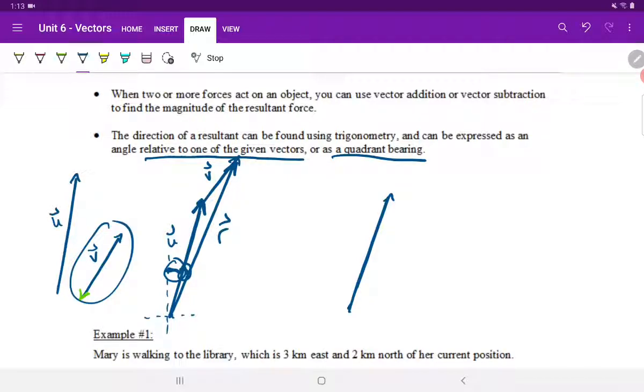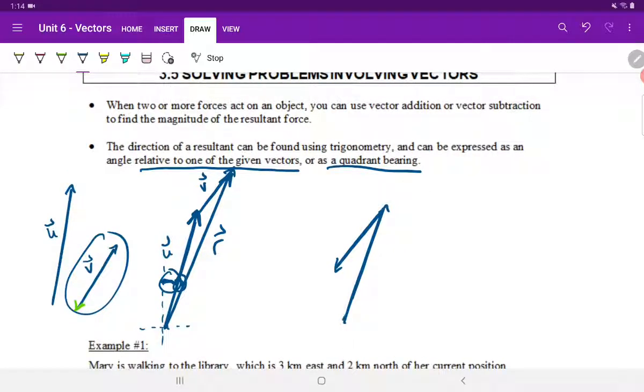If I were to draw this head to tail here, it would go in this direction. And the resultant for that would be from the starting point to our finish point here. Once again, you'd have to find the quadrant bearing. Depending on where you are on your diagram, you can figure that out.